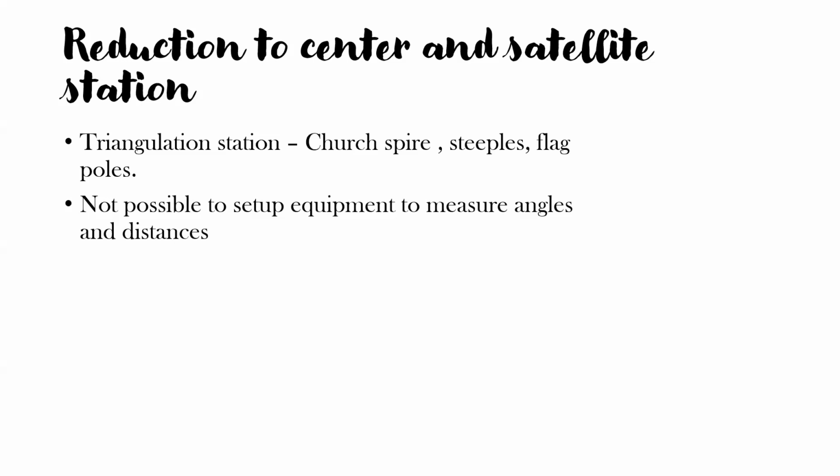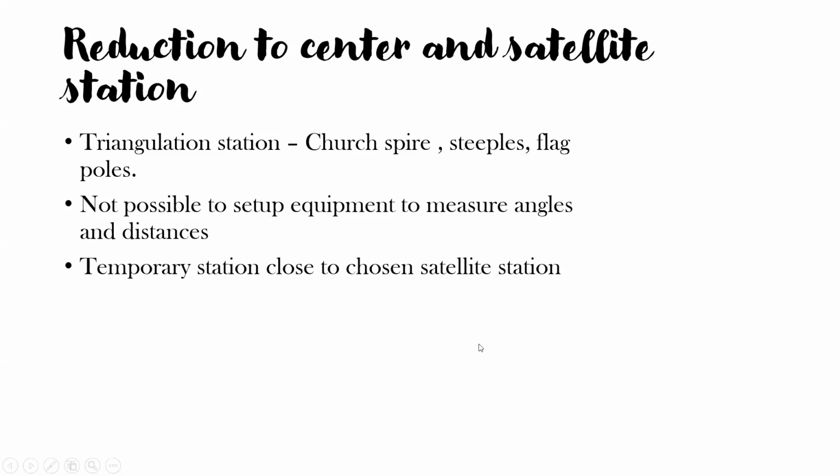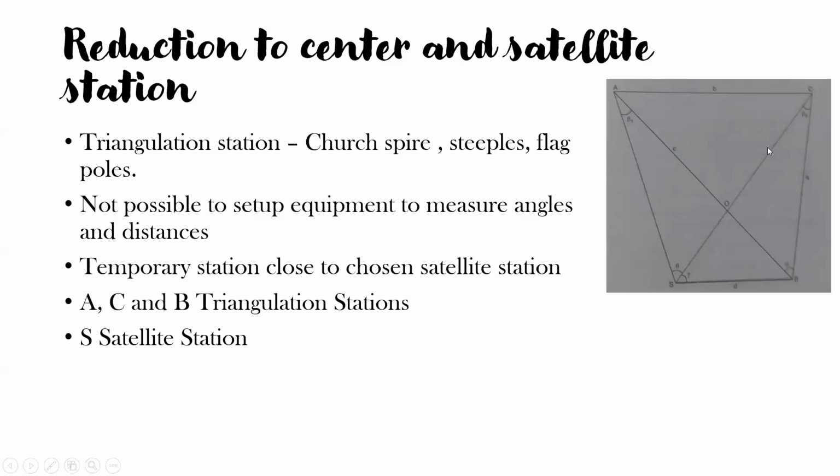Now, if this is the case, we choose a temporary station very close to the triangulation station and call that a satellite station. In the figure over here, A, C and B are the triangulation stations, and let B be the point where we have a church spire, steeple, flagpole or temple top, etc., wherein one cannot establish the equipment to measure angles and distance.